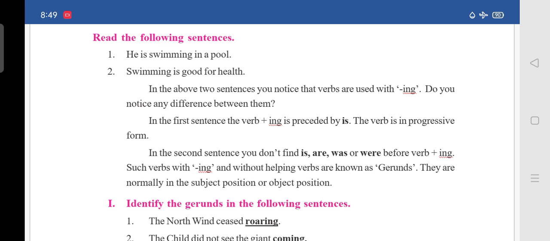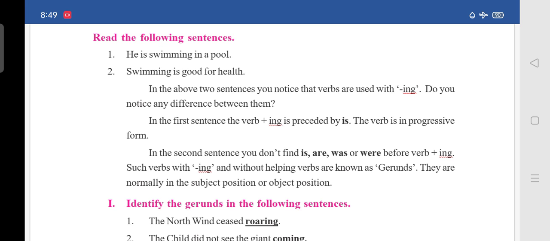The verb is in progressive form. In the second sentence, you don't find is, are, was or were before verb plus ing. Such verbs with ing and without helping verbs are known as gerunds. So they are normally in the subject position or object position.